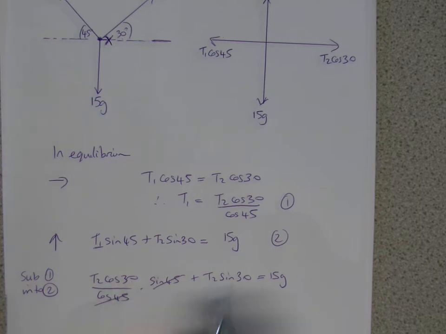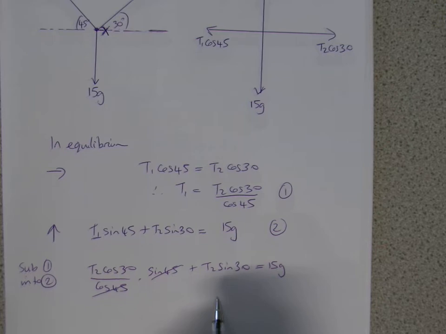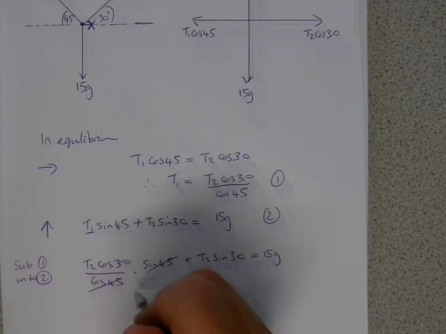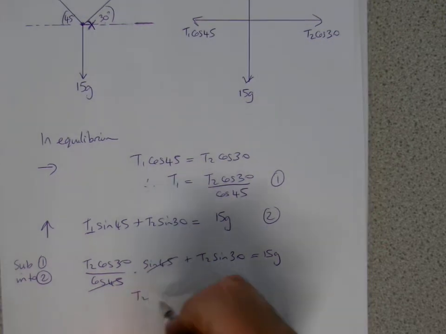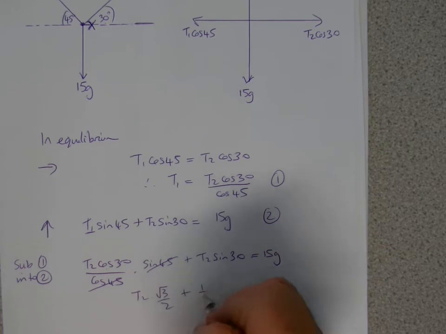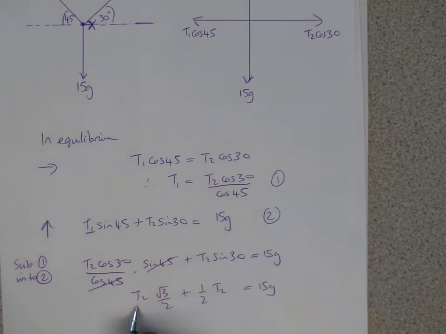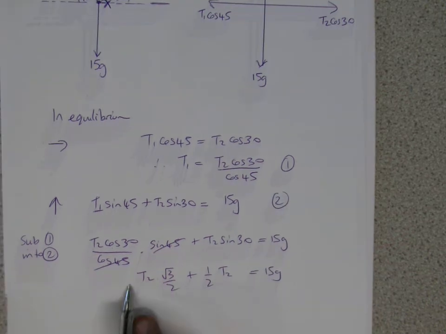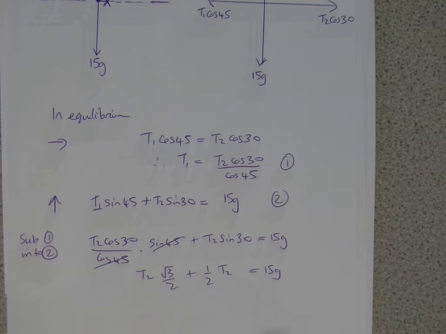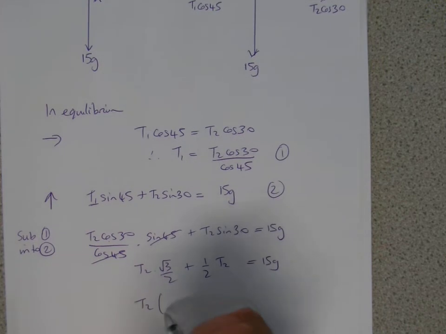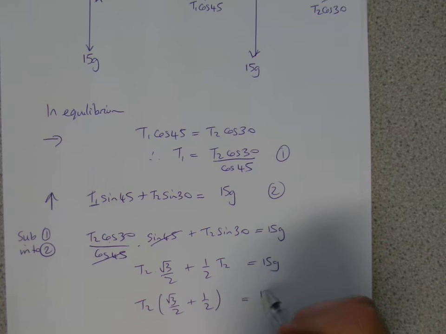And you've just got T2 cos 30 plus T2 sine 30. Because cos 30 is root 3 over 2, and sine 30 is a half, you've got something T2 plus something T2, so we can add them together. I could factorize out the T2 if you want.